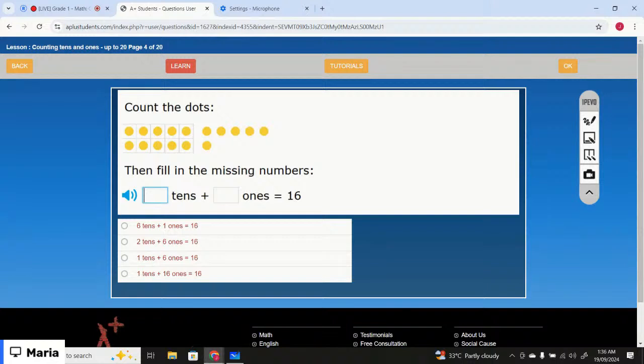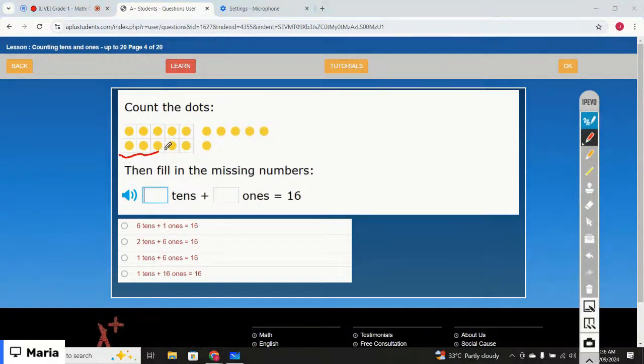Count the dots. So which is the correct option? So you have a complete frame, right? That means you have 1 ten. Now count the ones. 1, 2, 3, 4, 5, 6. So you have 1 ten and 6 ones.